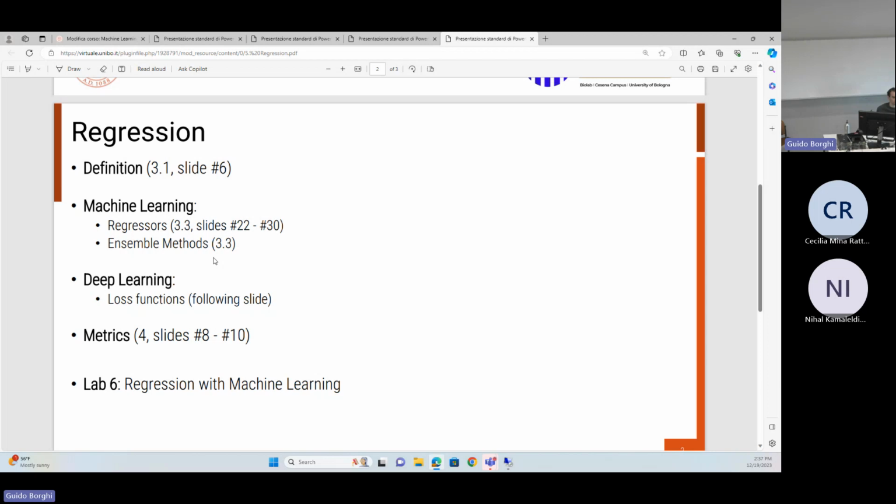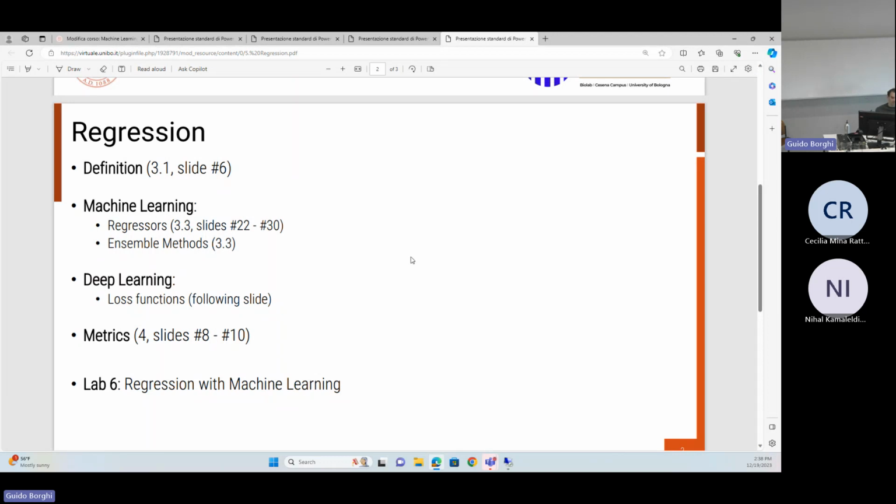In particular, we introduced the cross entropy family, in which we have the binary cross entropy, the BCE loss function, that we can use for binary classification problems. And then we have the multi-categorical cross entropy function, that is the loss function that we can use for classification problems in which we have more than 2 classes.